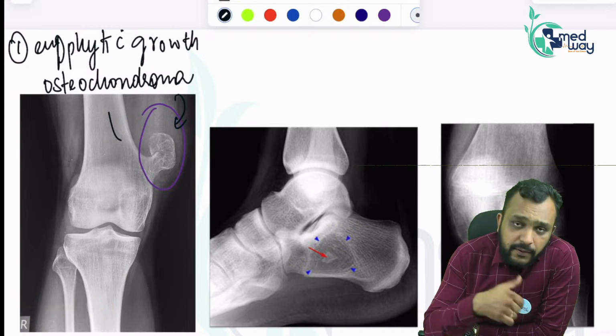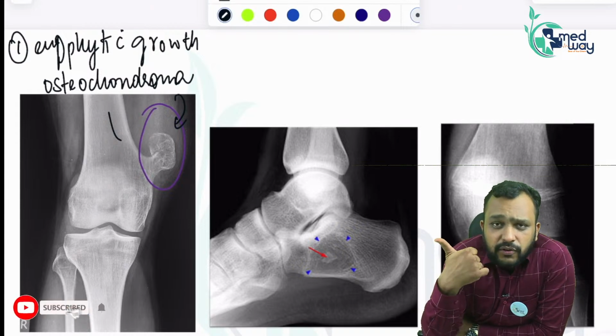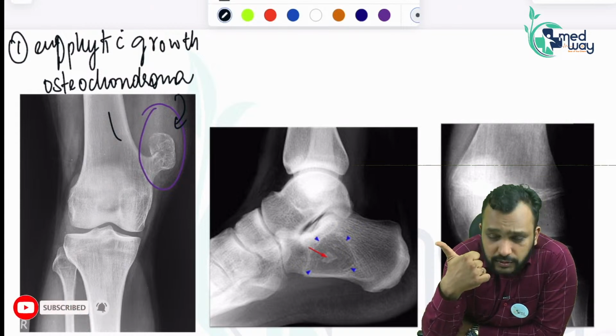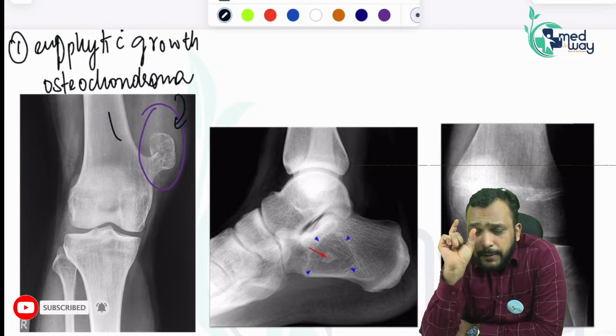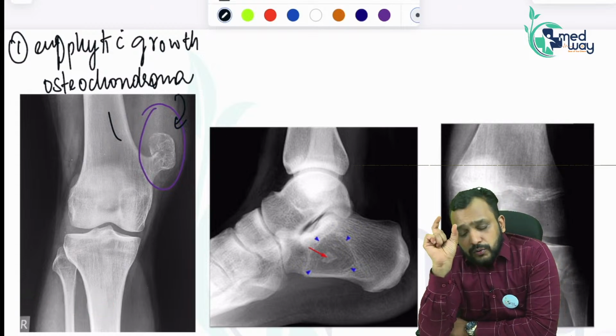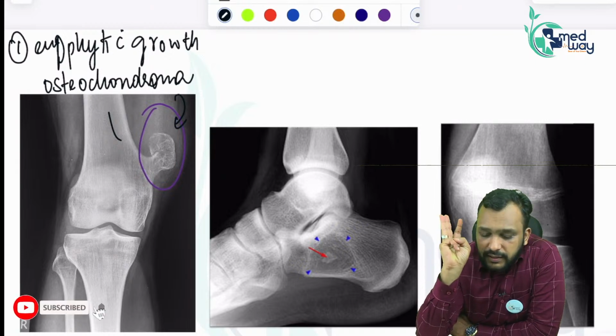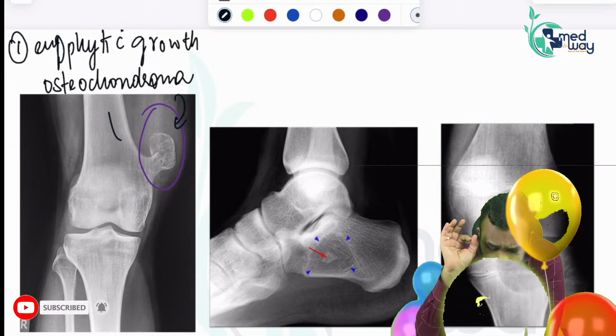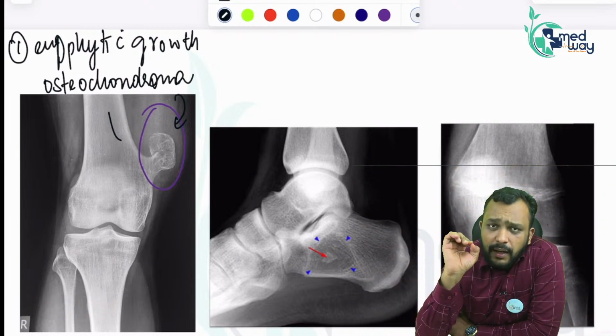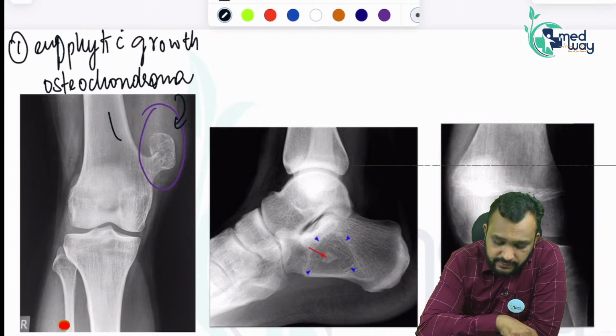First, thickness of the cartilaginous cap by more than 3 cm, pain within this tumor, or growth after skeletal maturity. So these three important features suggest transformation of this benign tumor into a malignancy.